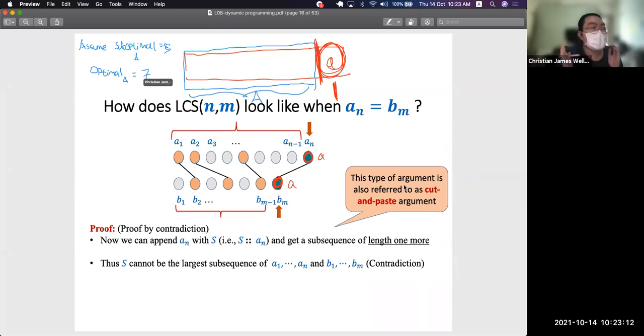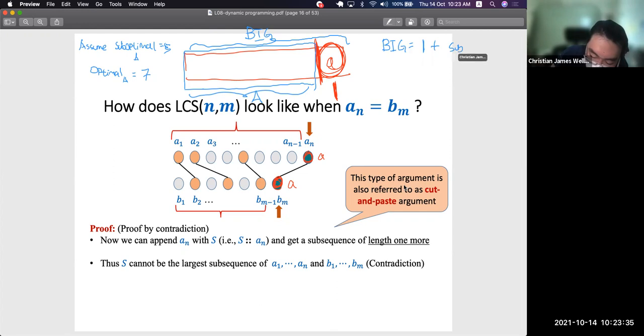What the cut and paste argument is saying is that this bigger problem, let's call it B for big, you can form it by 1 plus suboptimal of A, where 1 is because you have a match.